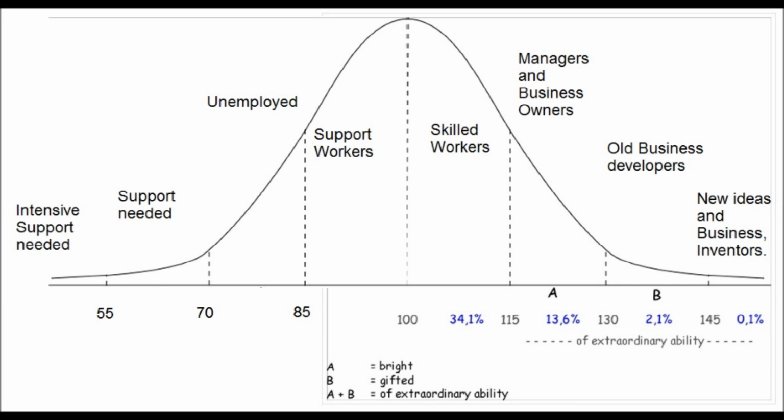With this information I want to name these groups otherwise, like just bright, gifted or extraordinary ability, because basically these are groups which are present in our society.